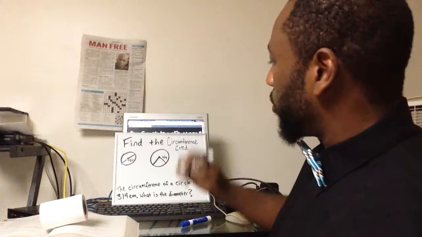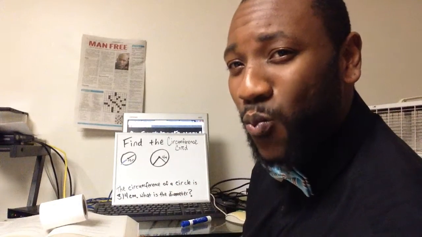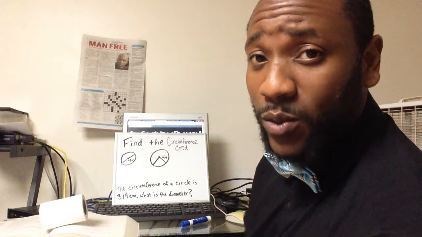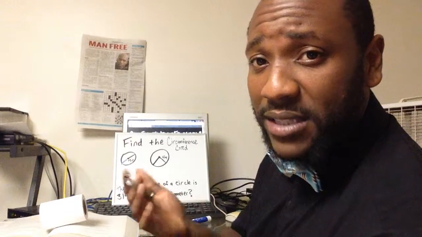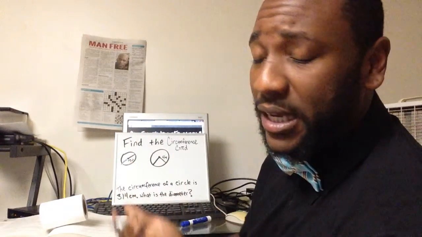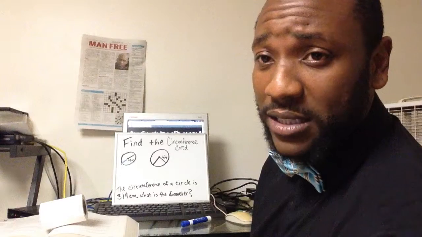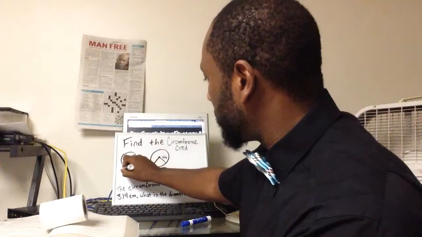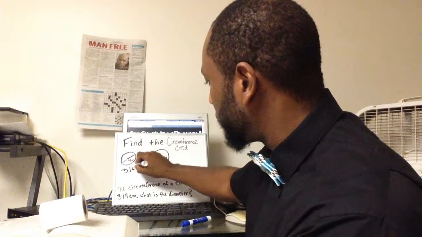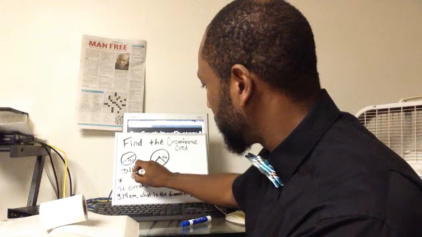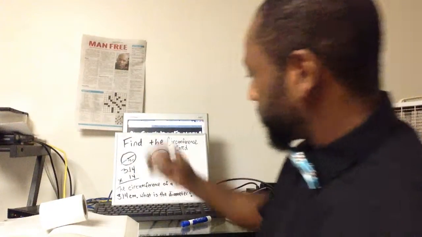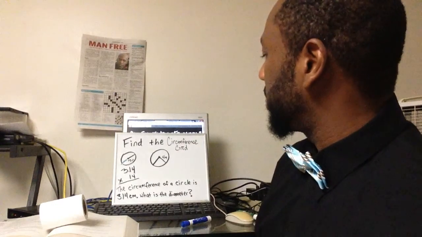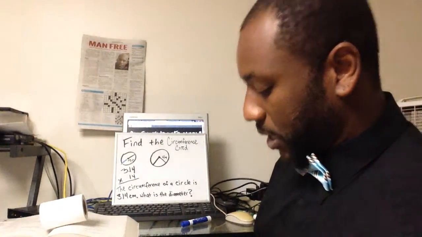And then following our formula, because remember, geometry is really easier than algebra because it's all about following instructions. Once you know how to multiply, add, subtract, divide, and exponents, all you need now is to learn how to follow directions. So pi times diameter, that's going to be 3.14 times 14. Right? 3.14 times 14 should give us our circumference.